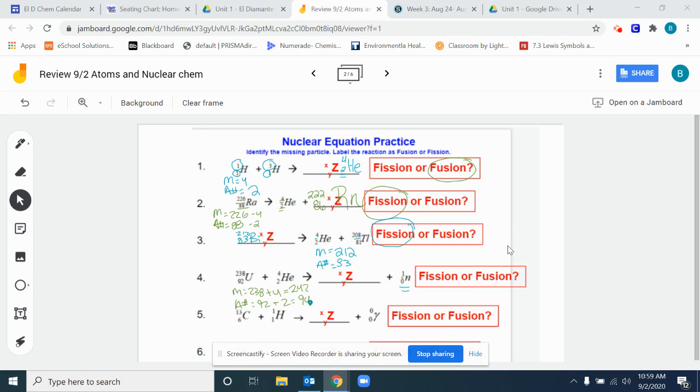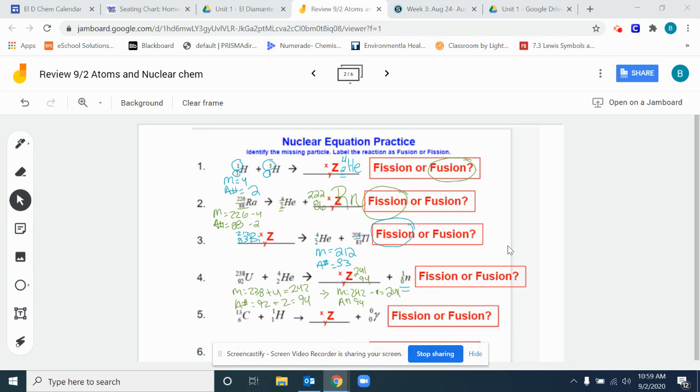So we want the other side to also have a mass of 242 total and an atomic number of 94 total. So for mass, we already have a 1. So that's going to mean 241 for the mass and 94 for the atomic number.